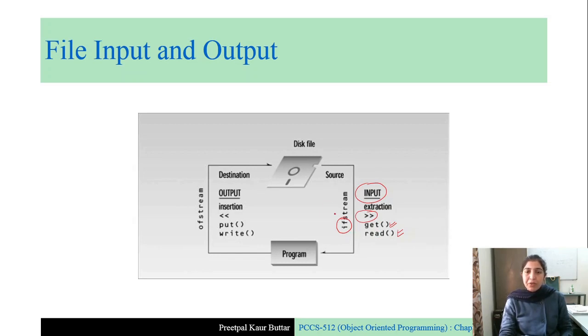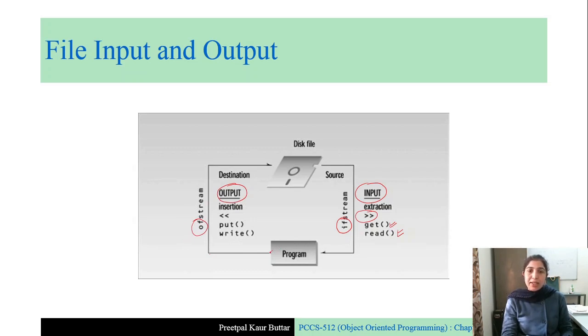Okay, then after reading the data, the program processes that data, and then it wants to write that data into the file. It means now we are at this part. Now we want to output the data, so we use the ofstream, that is output file stream.